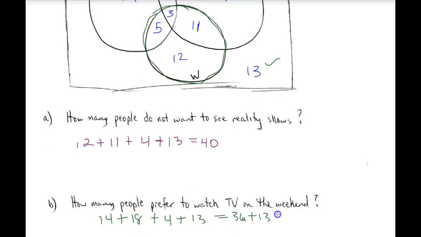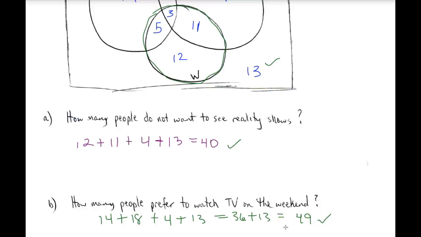And so, of course, if we add up 36 and 13, we will get 49. And so we see that here, how many people do not want to watch reality shows? We got 40 of them. How many people prefer to watch TV on the weekend? We have 49 of them.